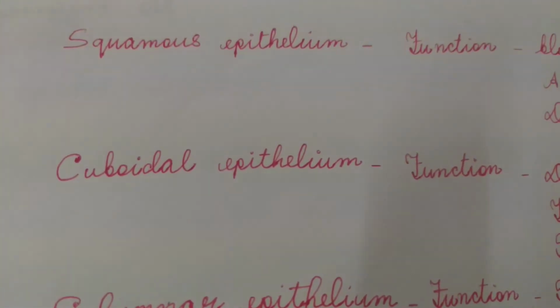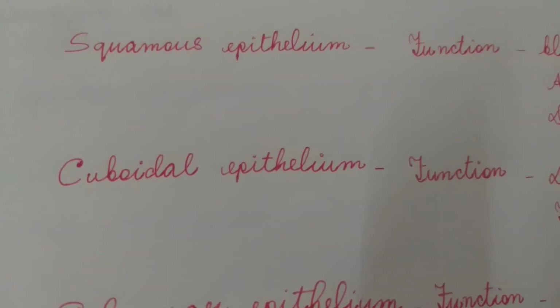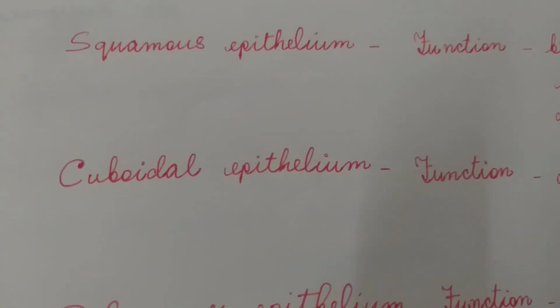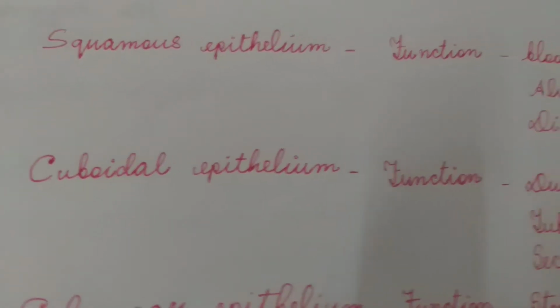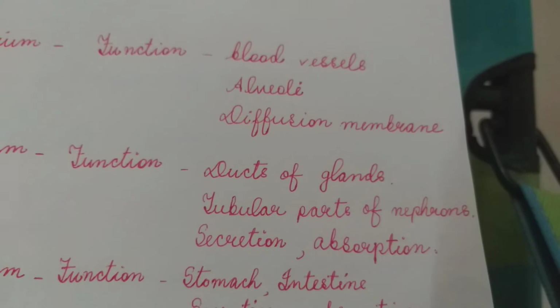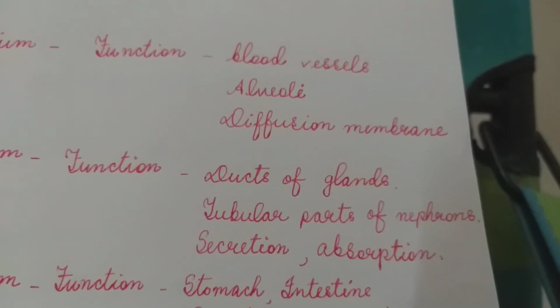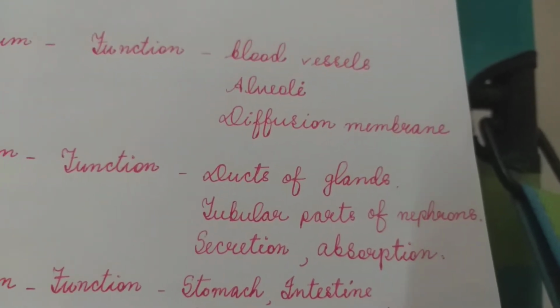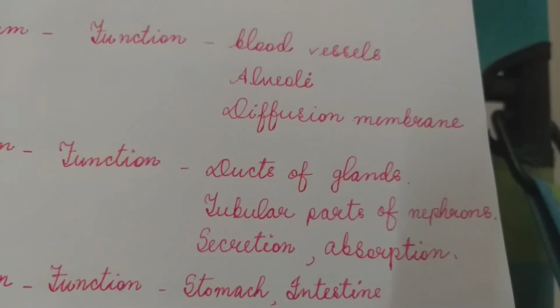Cuboidal epithelium is a simple epithelium which consists of cube-like cells. Functions: cuboidal epithelium is found in the ducts of glands and the tubular parts of nephrons in the kidneys.